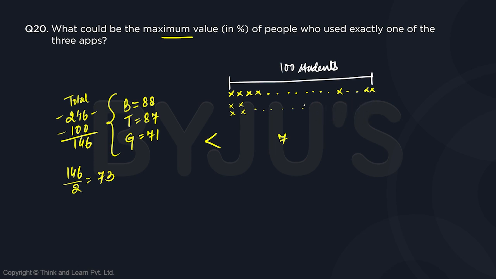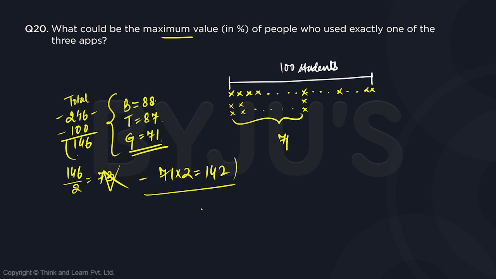Now, when we minimize it, such that only 71 have 3 chocolates, because that's the maximum kids you can have 3 chocolates, because the smallest set is 71 out of 88, 87 and 71, right? So we were able to distribute 142 out of 146 chocolates. That means 146 minus 142, 4 more chocolates are left.